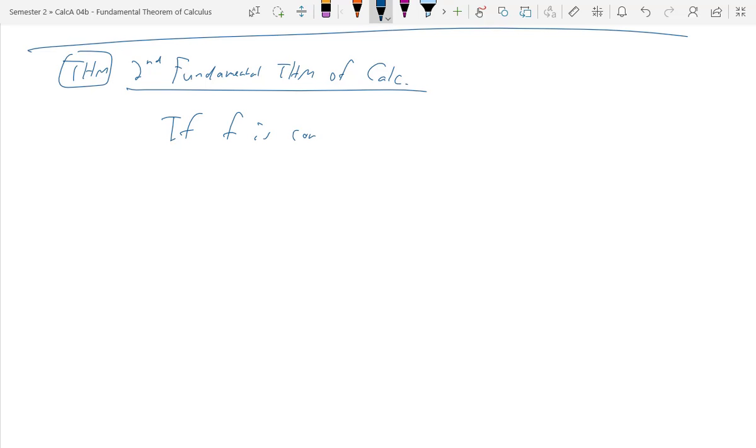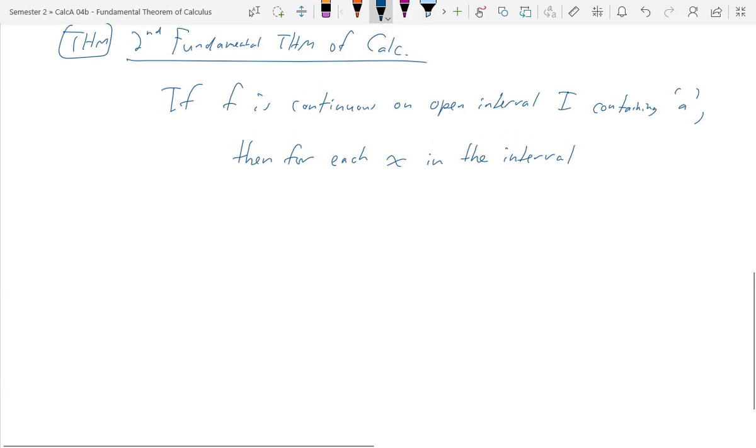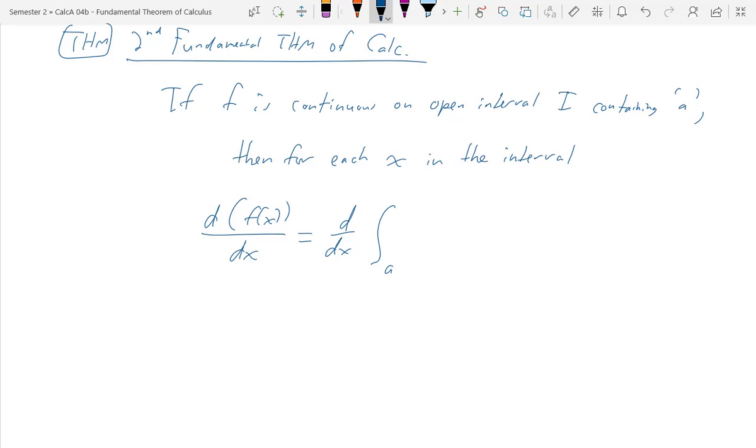If f is continuous on an open interval I, containing a, then for each x in the interval, the derivative of F of x dx is equal to the derivative of the integral from a to x of f of t dt.